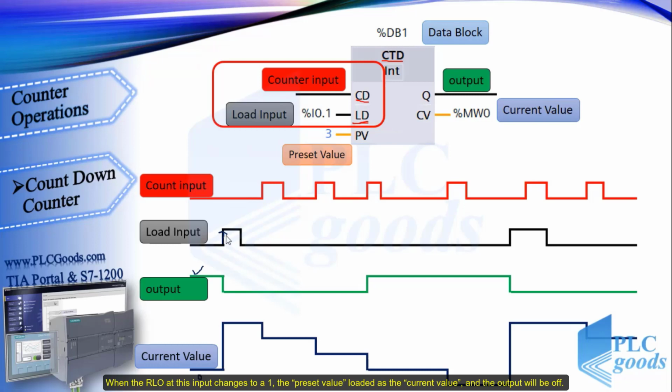When the RLO at this input changes to a 1, the preset value is loaded as the current value and the output will be off. Then, with each positive pulse at the counter input, the current value decreases by 1 unit until it reaches 0.